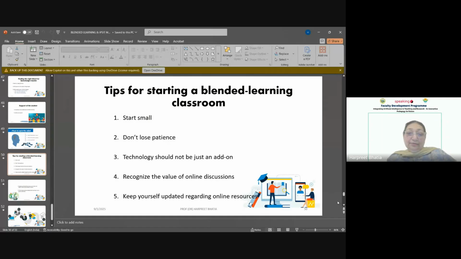So these are some tips for starting a blended learning classroom. Start with small topics. No need to try and overhaul the entire thing. Small areas we can start with. Then patience is very, very huge thing that we need, because many times we'll find it very difficult.